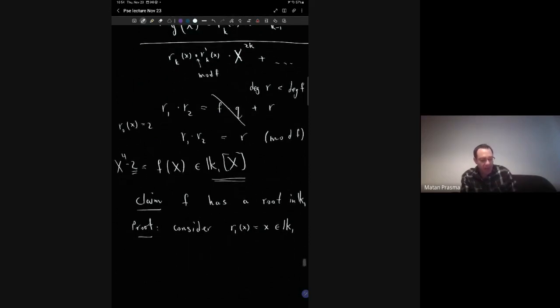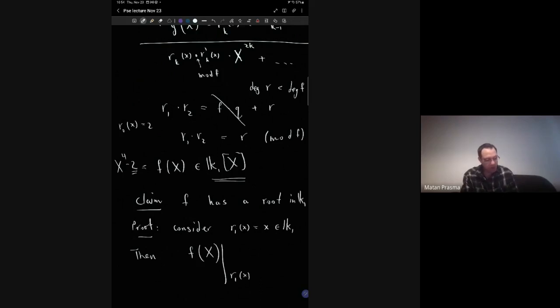Now I plug this R1 of x into F of capital X. The notation typically for substituting an element in a polynomial is like this, right?